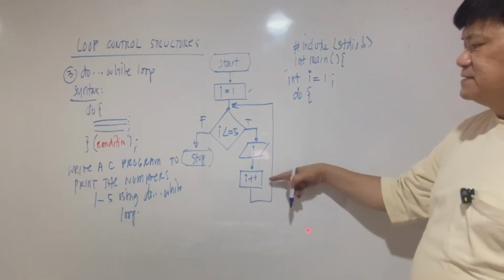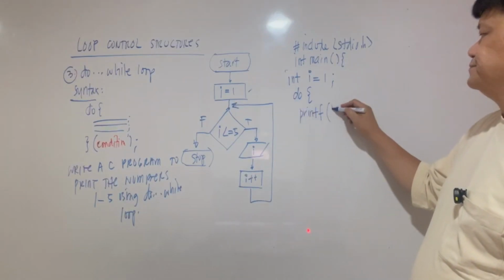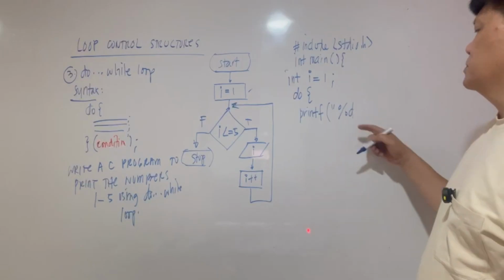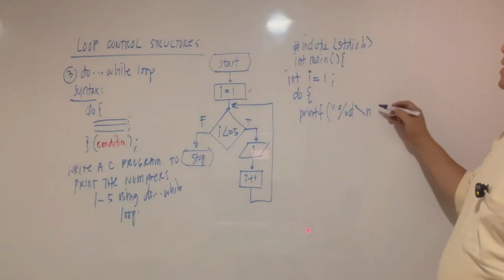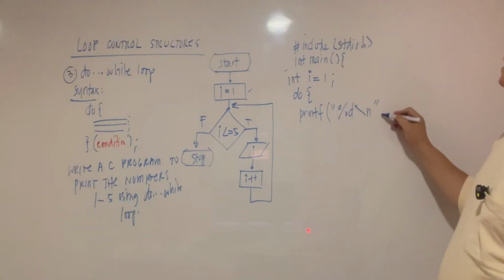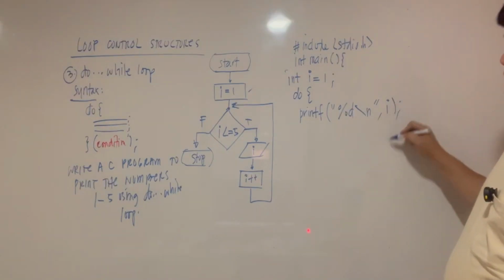What are the statements inside the loop? You have there printf, the same manner, the %d \n because I would like to see the 1 to 5 on the screen vertically. Then you have the comma and then the I.